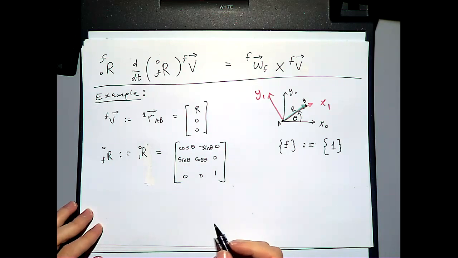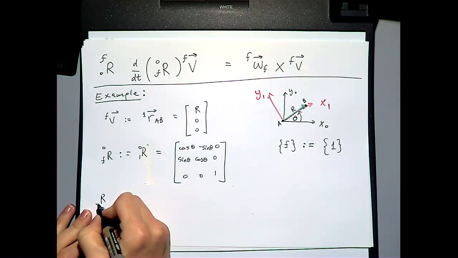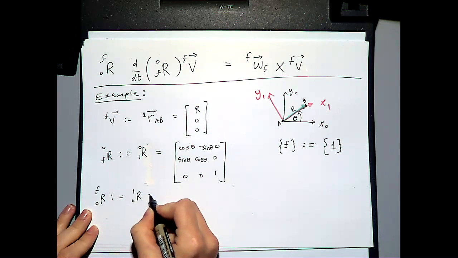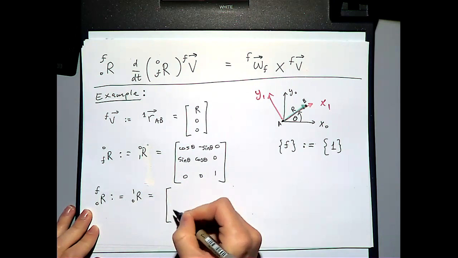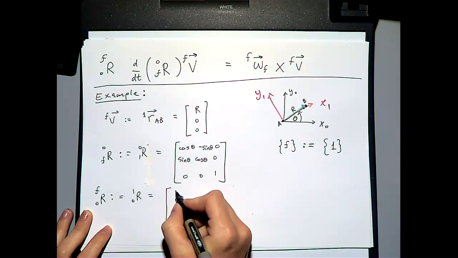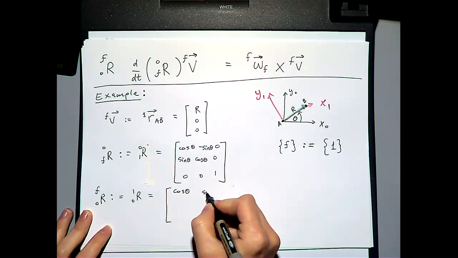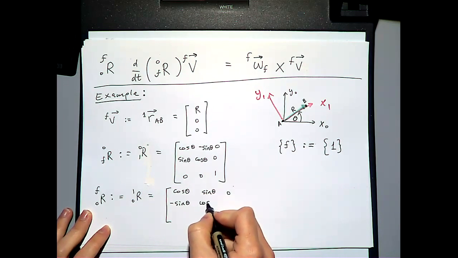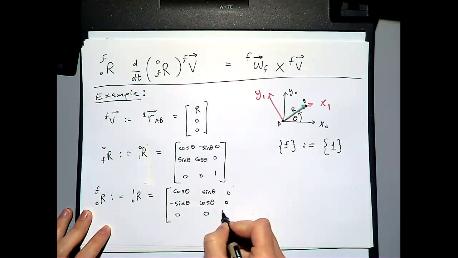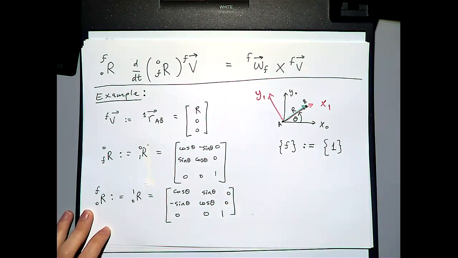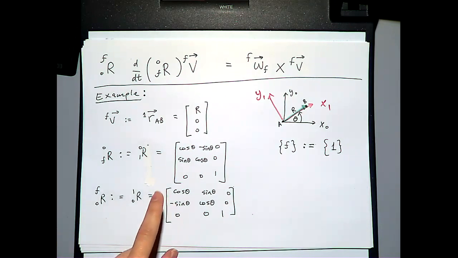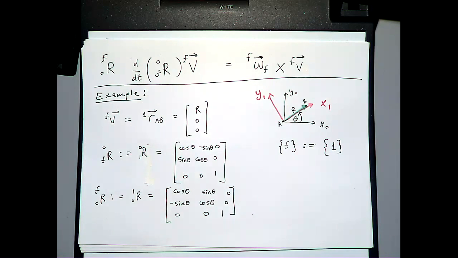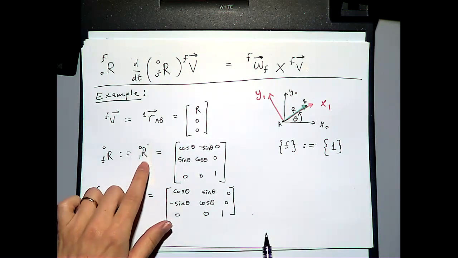Okay, and R from 0 to F, that is R from 0 to 1, is the transpose of this one, right? So cosine theta, sine theta, 0, minus sine theta, cosine theta, 0, 0, 0, 1. Okay. And we also need to prepare the time derivative, component by component, of this rotation matrix.